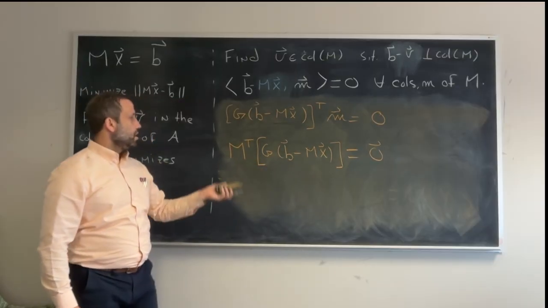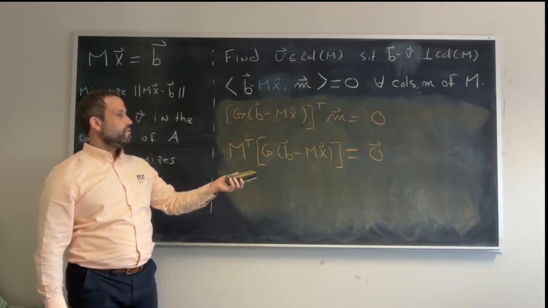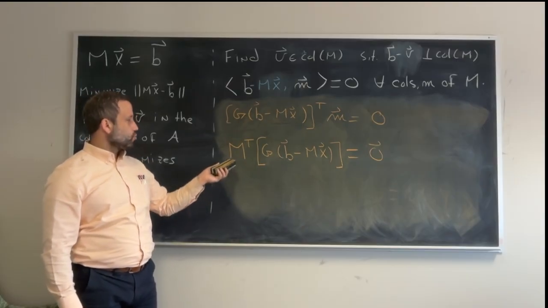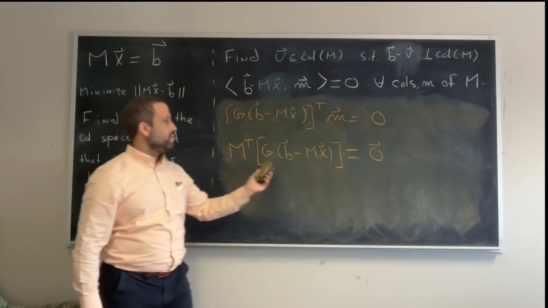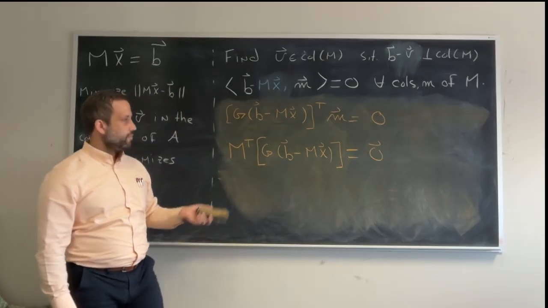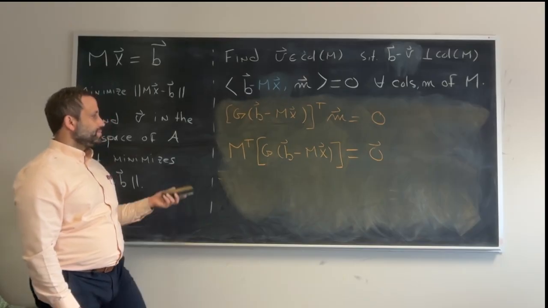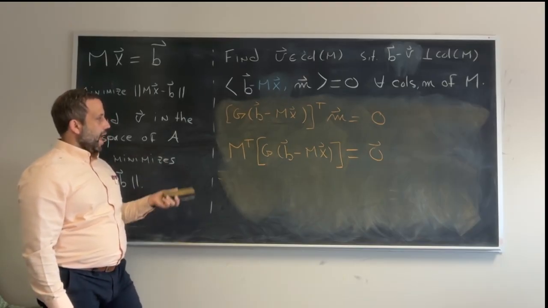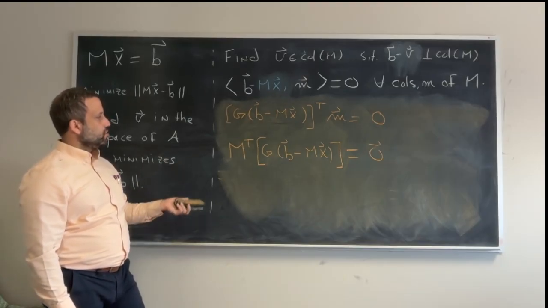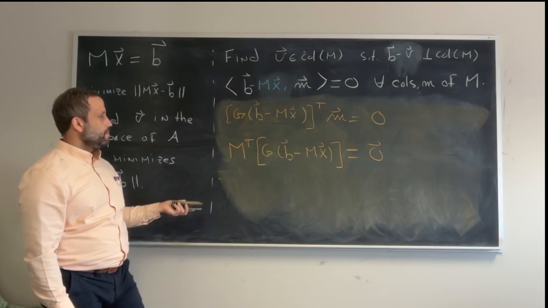This vector dotted with the second row of M, that has to be equal to 0. All the way down to the last row of M dotted with this vector has to be equal to 0. That's what it means when you say it's equal to the 0 vector. And the rows of M transpose are just the columns of M.